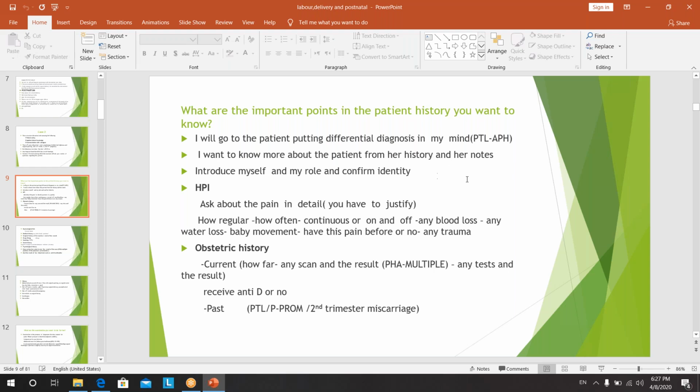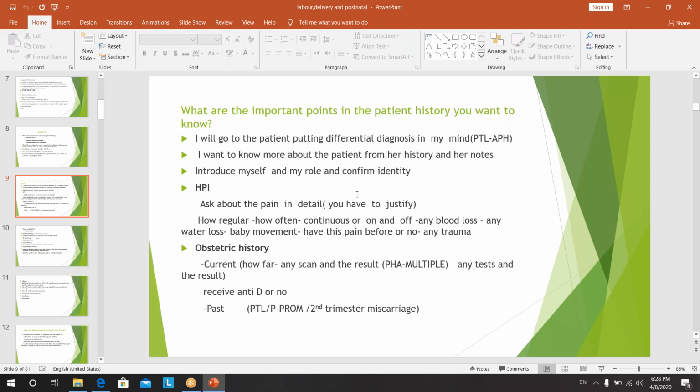So gathering information is not only from the history, it also includes the patient notes and the examination. As I told you in the first session, information gathering usually includes examination and investigation also.